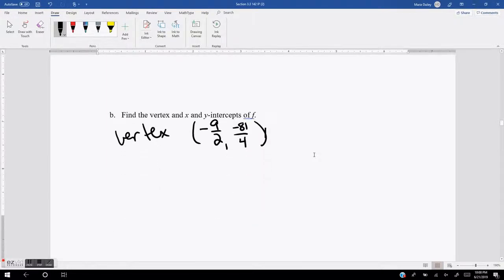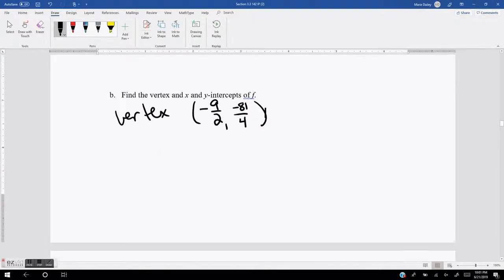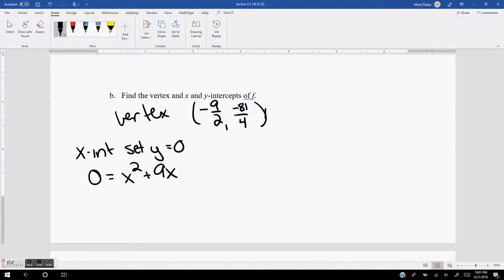Now, as we take one step further, we're going to find our x and y intercepts. To find the x-intercept, we set y equal to 0. I end up with 0 equals x squared plus 9x, solving a nice quadratic equation here.